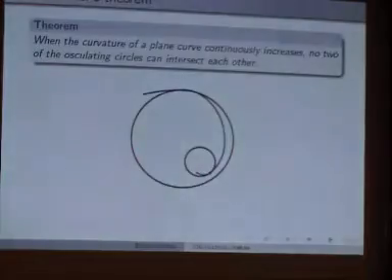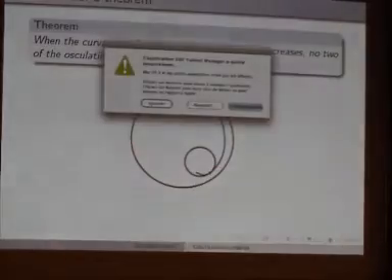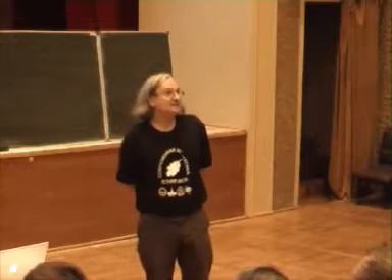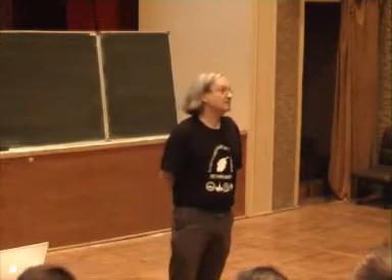So it's increasing or decreasing. And now you draw two circles of curvatures at two different points. And the theorem says these two circles do not intersect. They are nested. One sits inside the other.